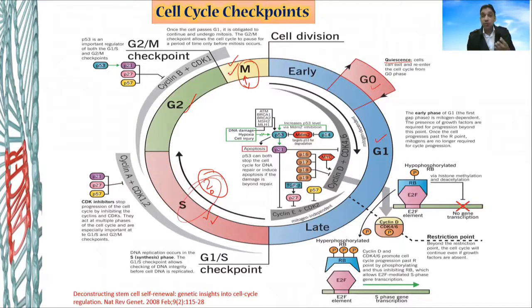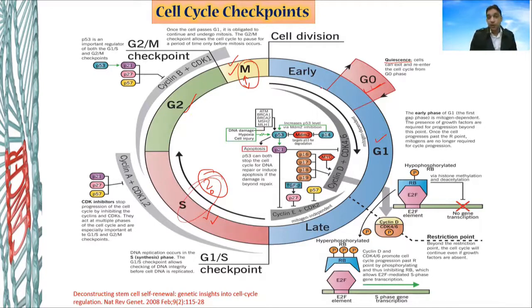It will not be able to execute the functions which were assigned to that cell. The cell is only able to execute its functions either in the G0 phase or in the G1 phase. So if a cell is stuck in these two phases, it will eventually be dead because of p21 and p53, and it will go for apoptosis.